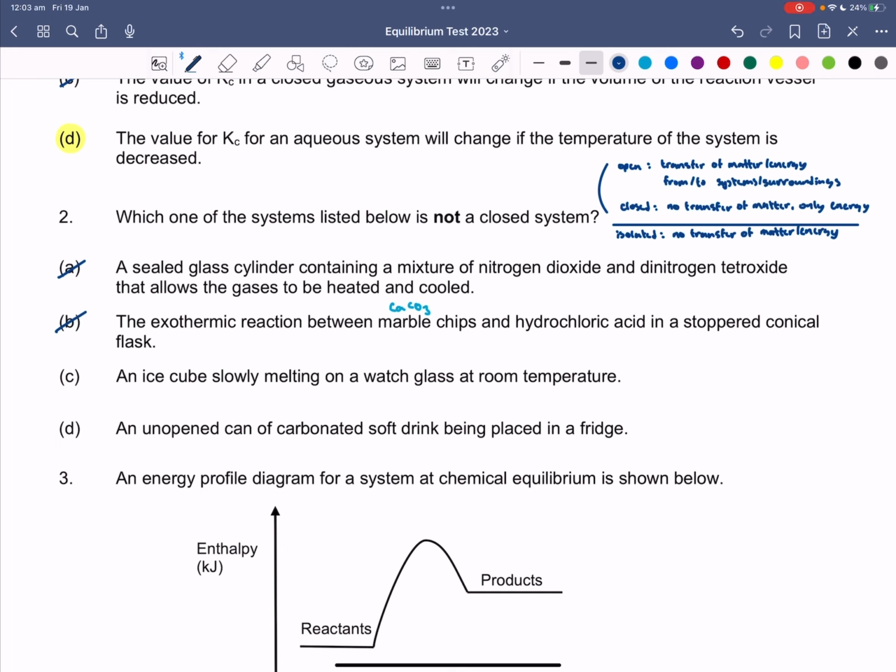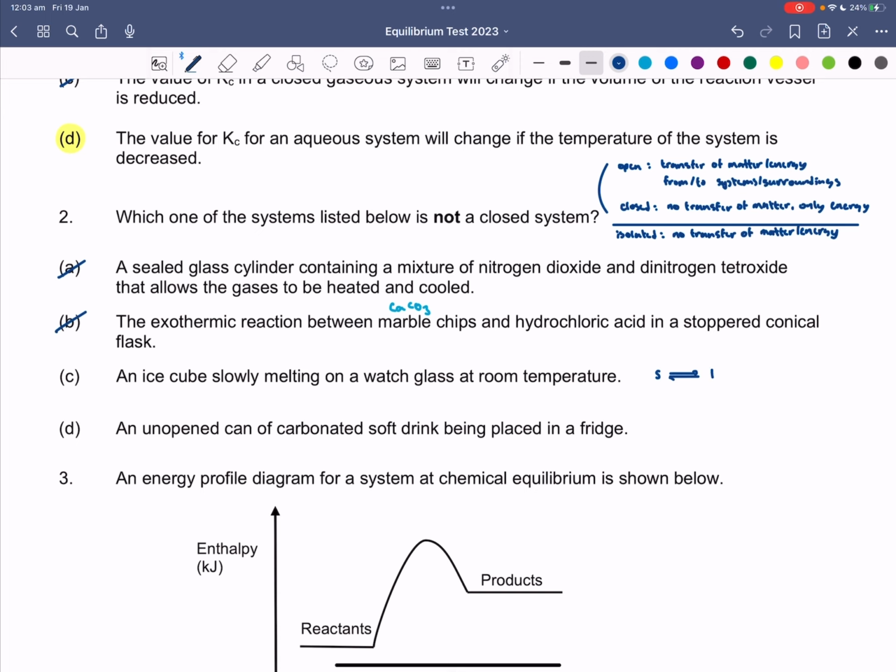Next one, an ice cube melting on a watch glass. Okay, so if an ice cube melts, you can imagine on a watch glass at room temperature. So that is definitely not a closed system, because if we have an ice cube, so that's basically solid ice, is turning into, I really should write a double arrow to show that there's an equilibrium, because it could go back the other way and condense again if it wanted to, but the solid ice can become liquid water.